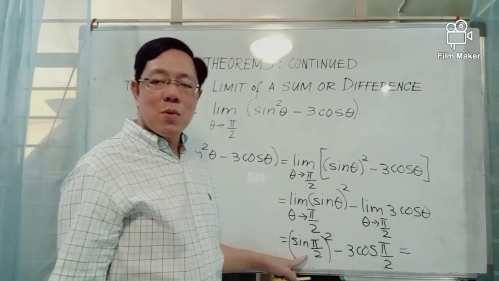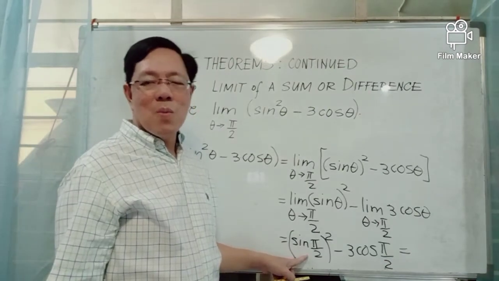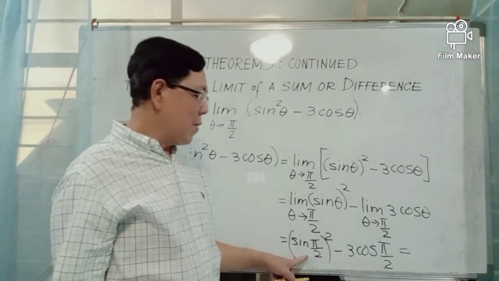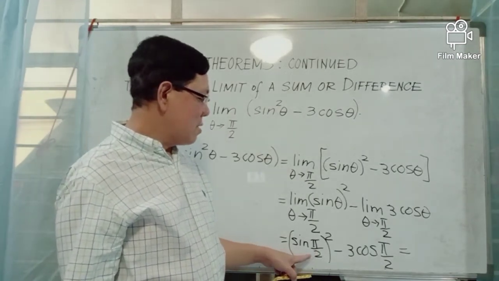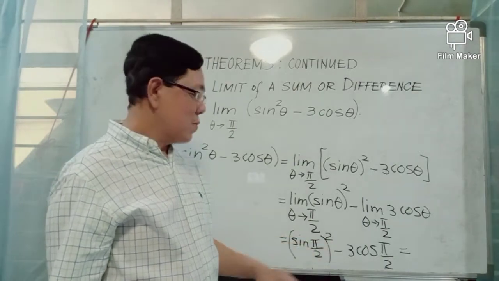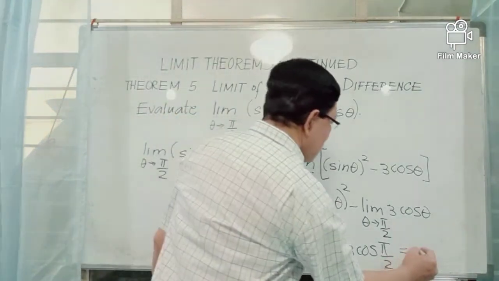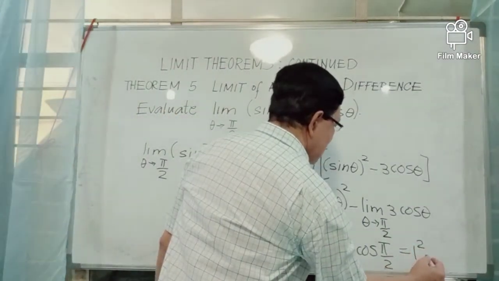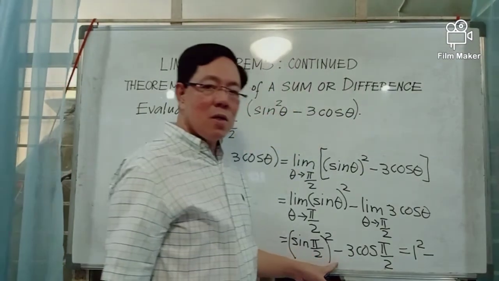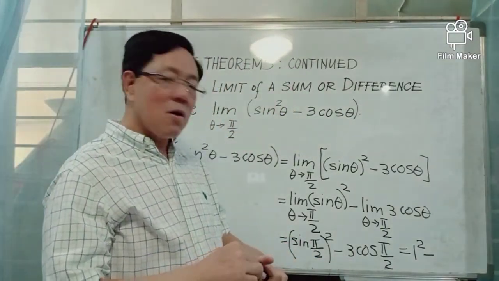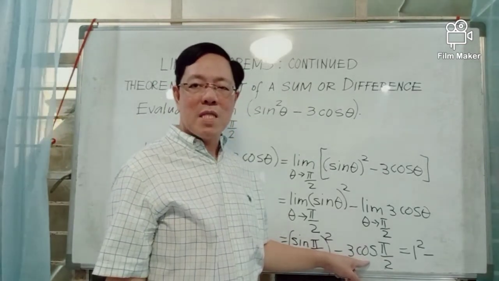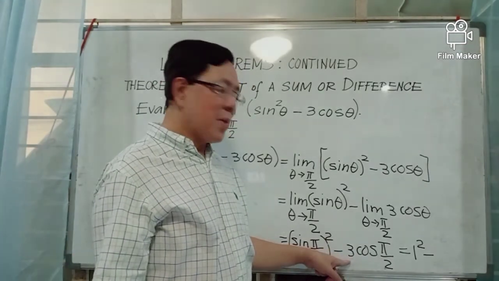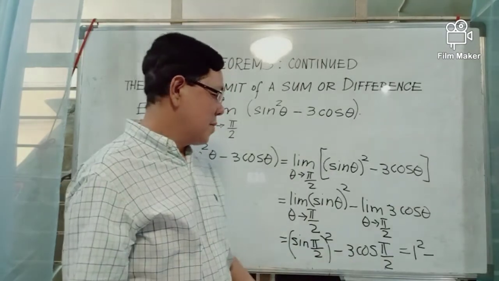And we get: sine of pi over 2 is 1, since pi over 2 is 90 degrees, and sine of 90 degrees is 1. Raised to 2, 1 squared, minus the cosine of pi over 2, which is 0, or cosine of 90 degrees is 0, multiplied by 3 is 0.